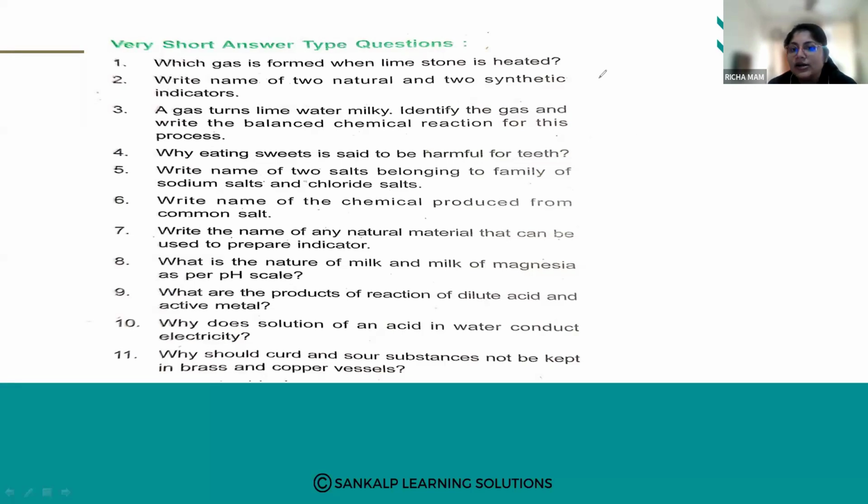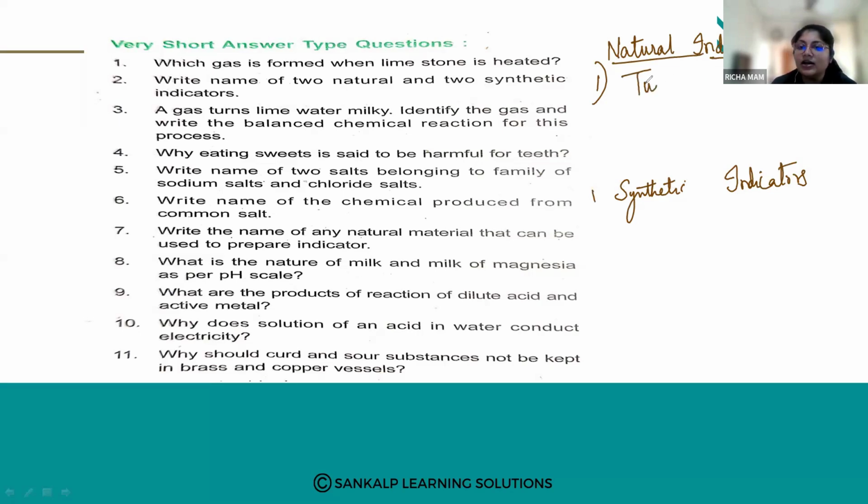So, two natural indicators. Natural indicators are obtained from nature, and synthetic means man-made indicators. What is an example of a natural indicator? One will be turmeric.